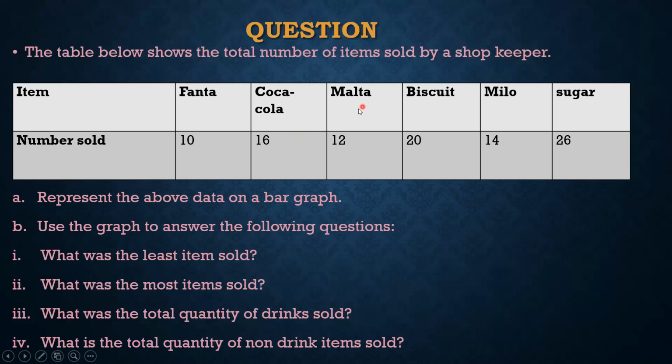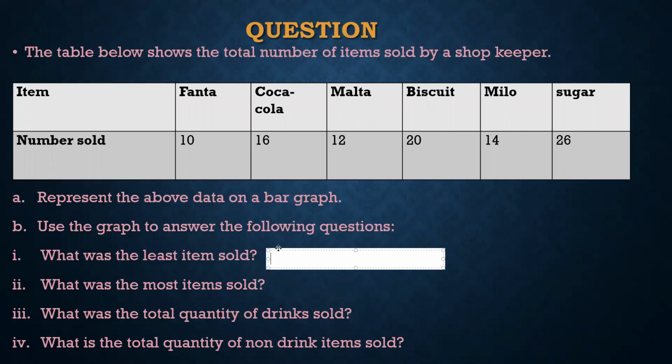So the malt was the least item sold. You can write the malt here.